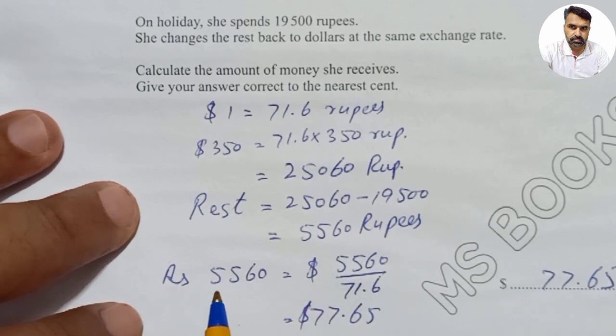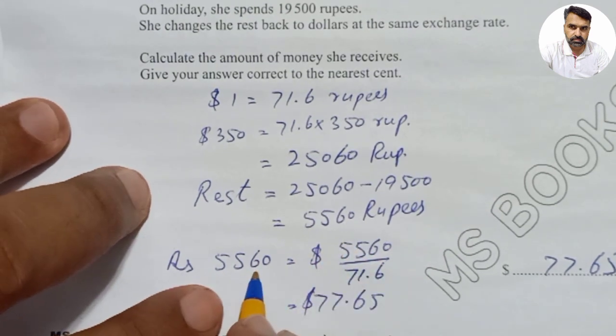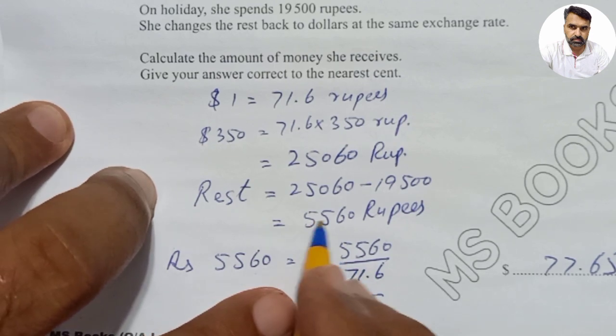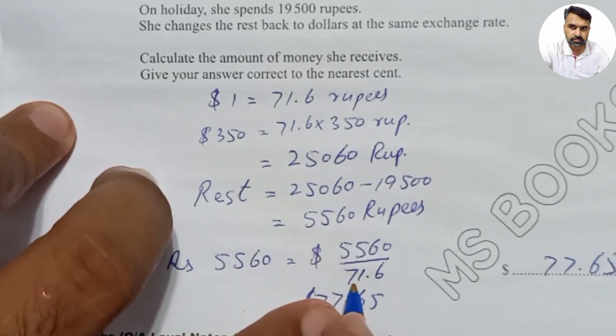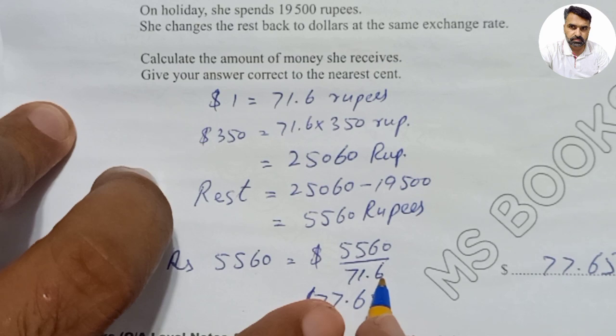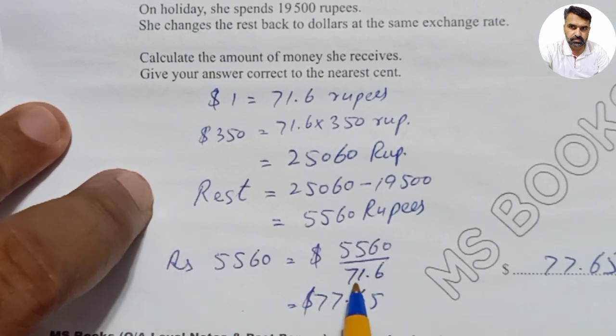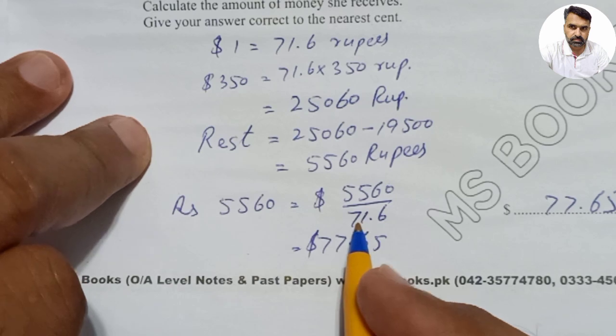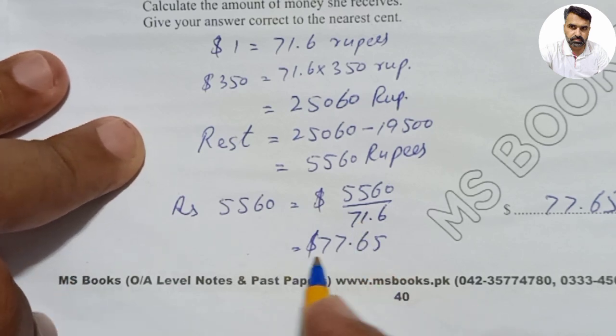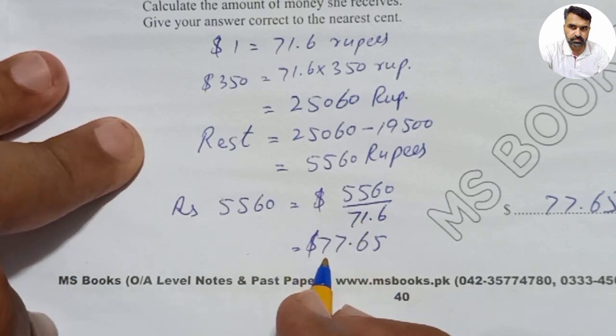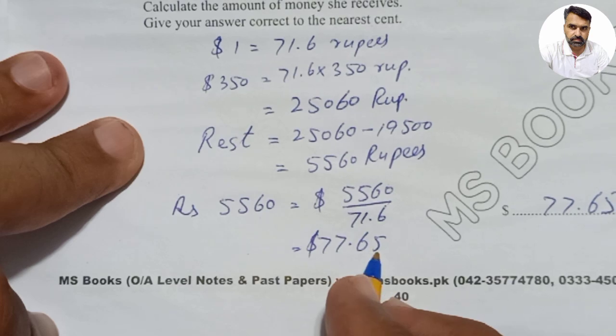Now students, we have to convert these rupees into dollars. So we will divide these rupees by the exchange rate, that is 71.6. So 5,560 divided by 71.6, and the dollars will become 77.65.